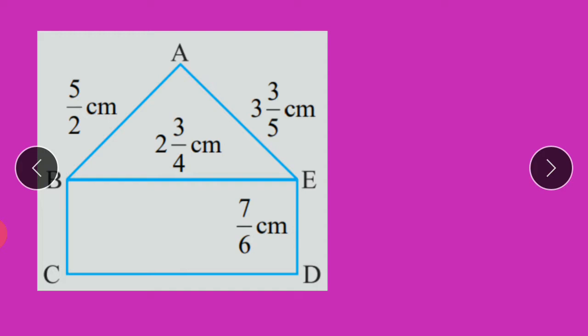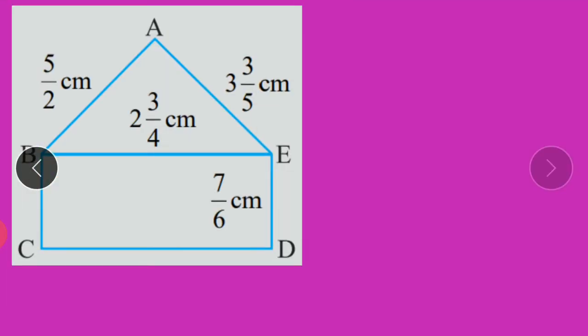Here we have this side length, 5 by 2 centimeter, this side 2 and 3/4 centimeter, then this side 3 and 3/5 centimeter. So by adding all these three sides we can find the perimeter of triangle ABE.